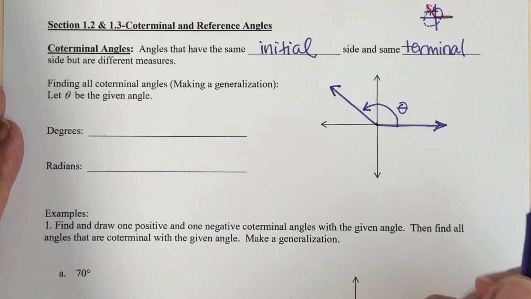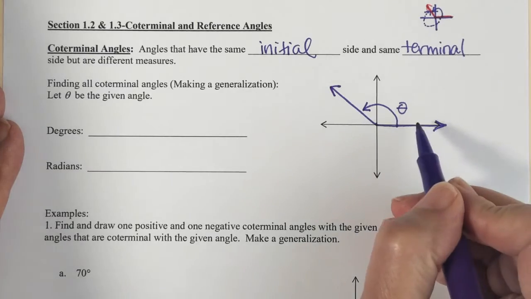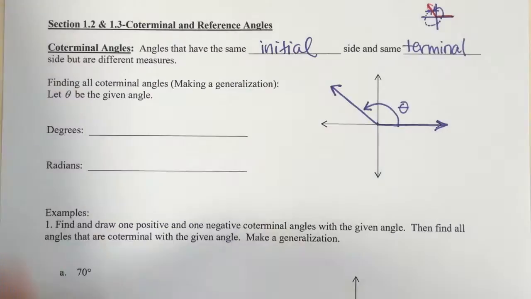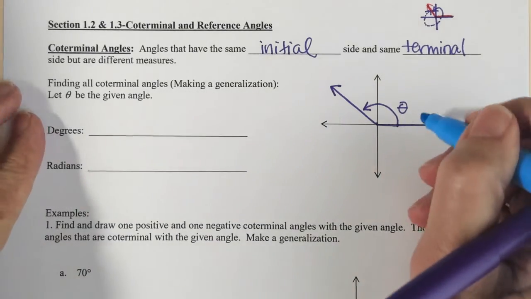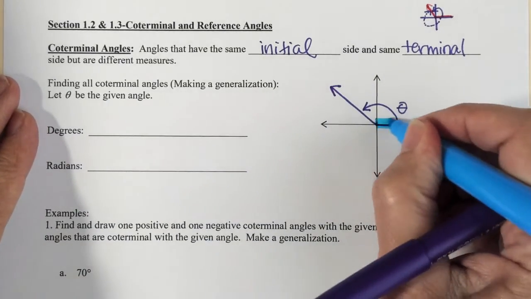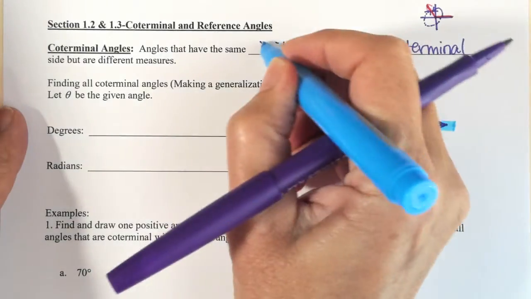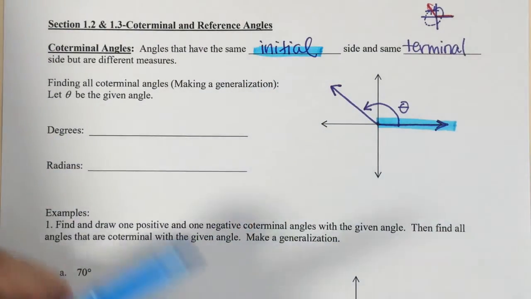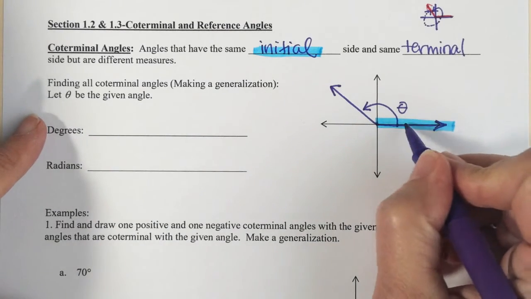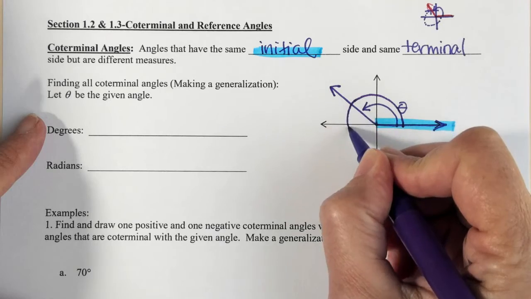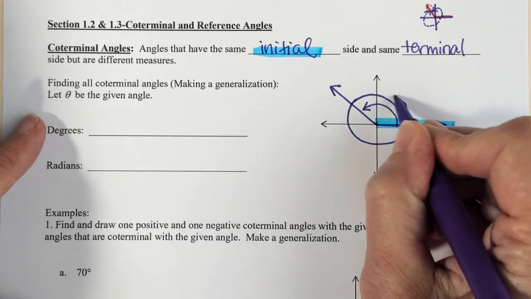Then I could also have an angle that's positive, but it has more than 360 degrees. And so it has the same initial side, so it's going to start there. So there's my initial side, because that's where it starts. But this time it's going to go around and then back around.